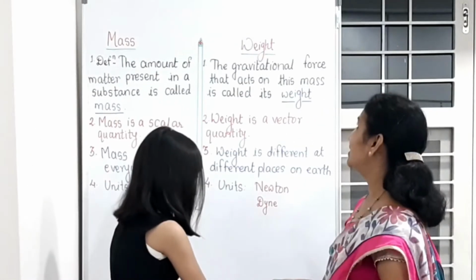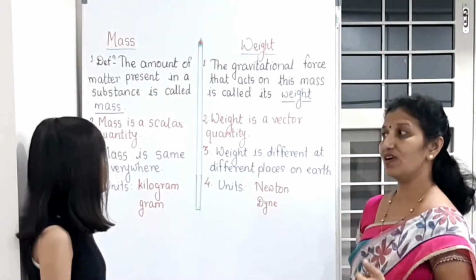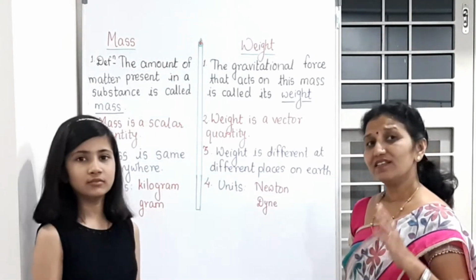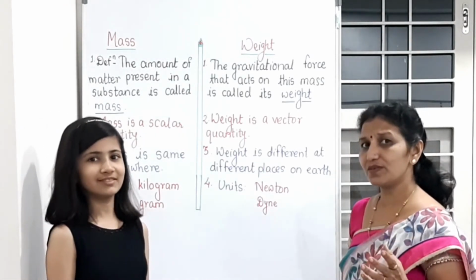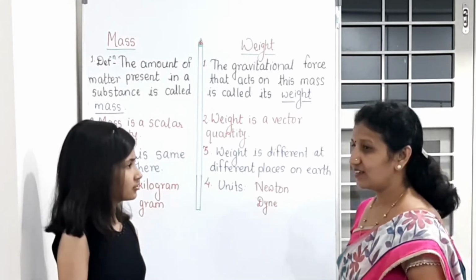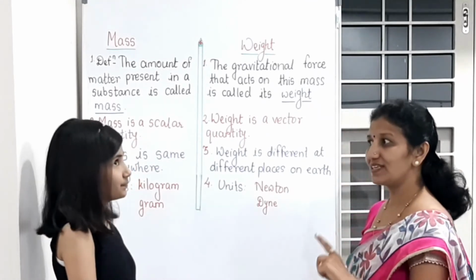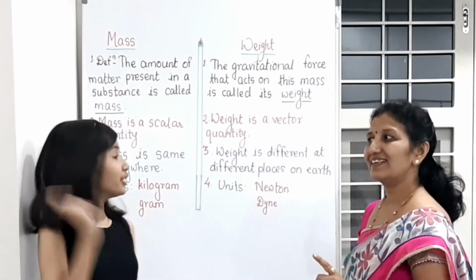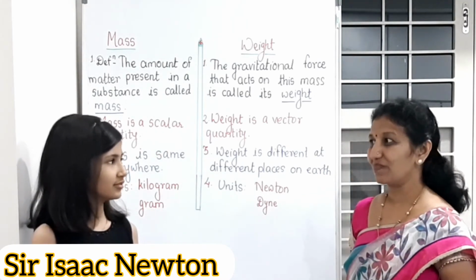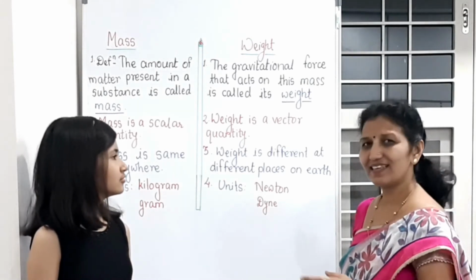We have studied that the gravitational force that acts on this mass is called what? Weight. Now, this concept of gravitational force, where did it come from? Do you know? There was one scientist. What was the name of that scientist? Newton. Yes, Sir Isaac Newton. And he was like you, he was also a student.